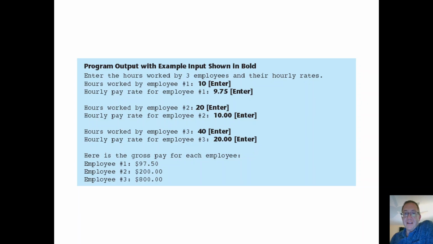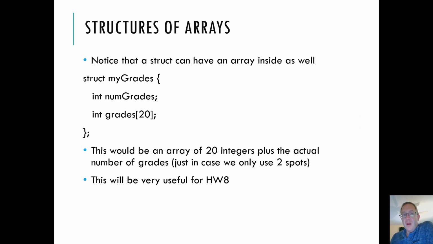So we'll get things like this, right? I will enter in the hours worked by the employee and their pay rate for each one of those structures. And then this is what I would expect to see printed out in the second for loop. Here's their gross salary for that week. There's a gross salary for that week.